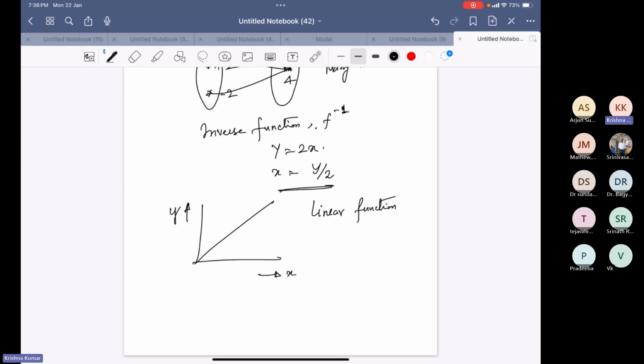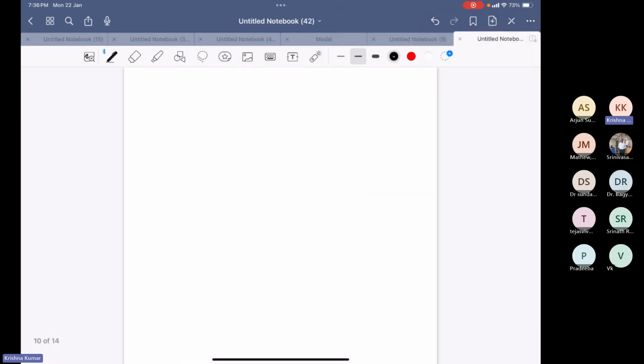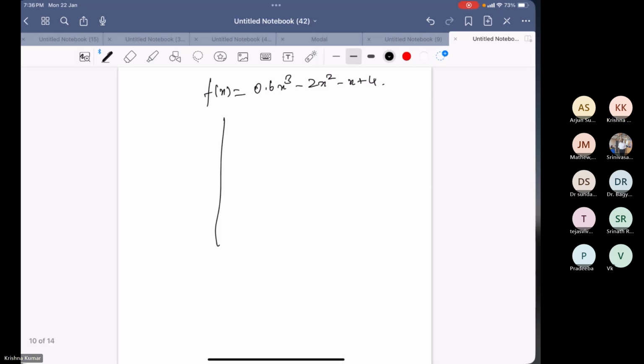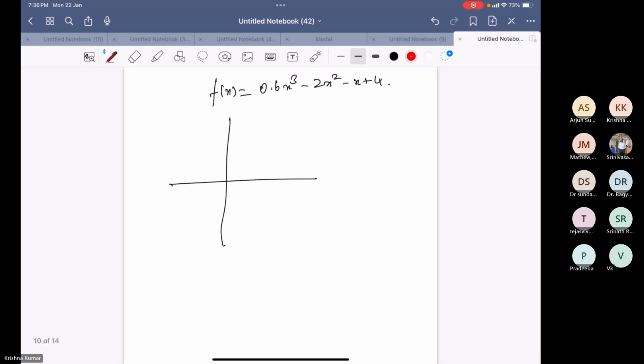Now, when you plot this kind of graph, it will be interesting to note that one-to-one would be a problem when you plot it like that. Suppose I have a complex function, say 0.6 x cubed, a cubic function as you would call it, squared minus x plus 4. If I now plot it, it's like that. It can go like this and so on.